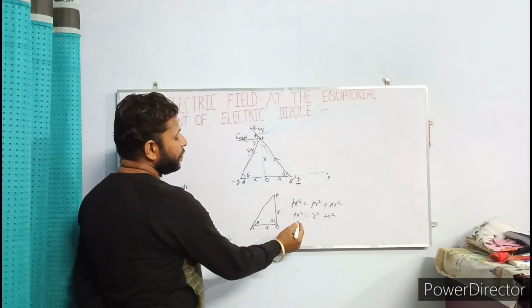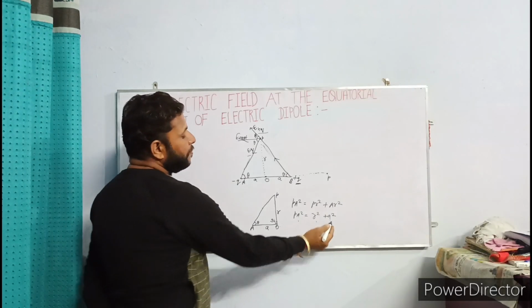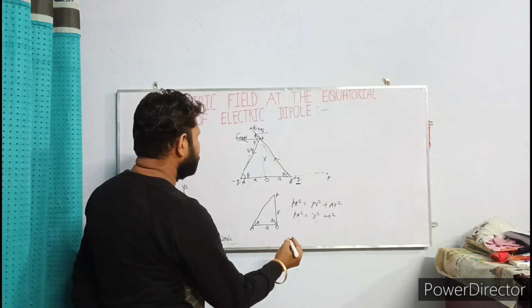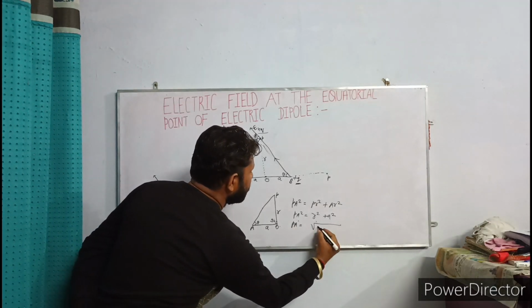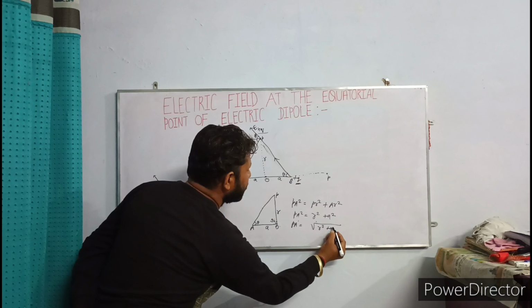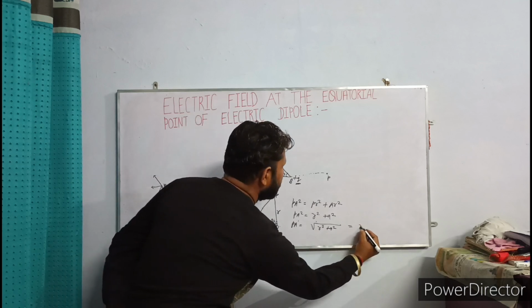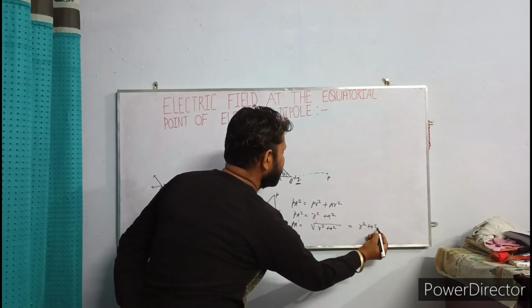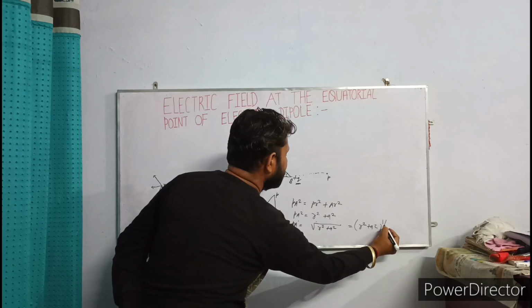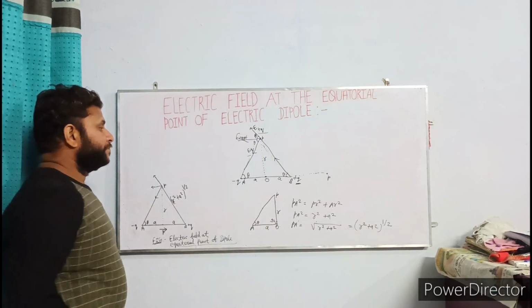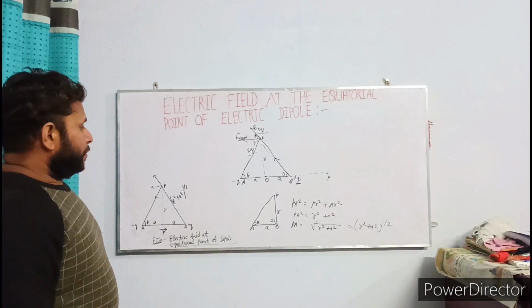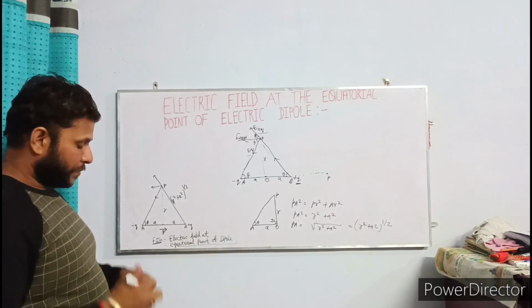It is hypotenuse square equals perpendicular square plus base square. Okay, students. So PA equals R square plus A square to the power 1 by 2. Okay, students. Please note down.